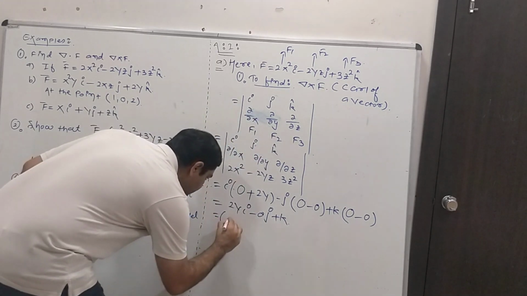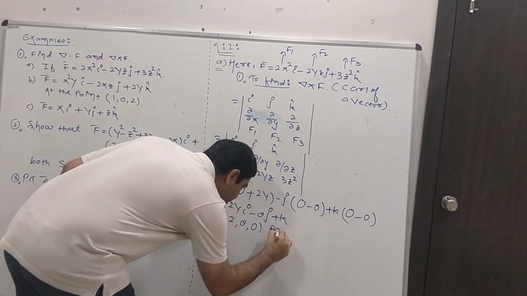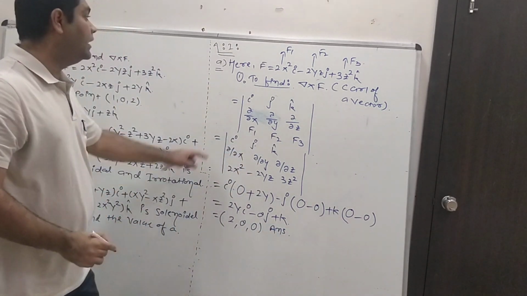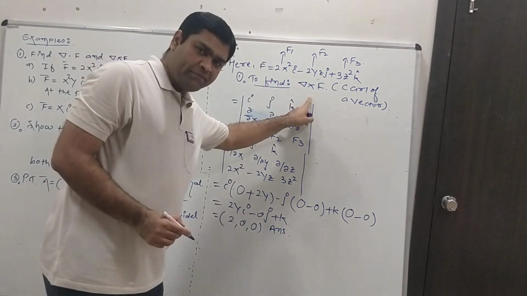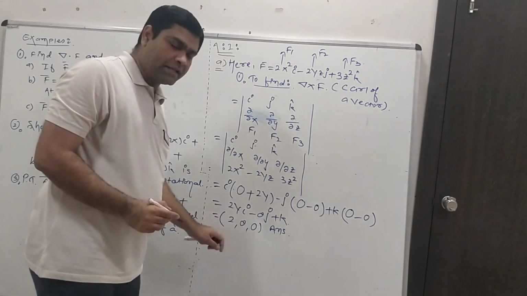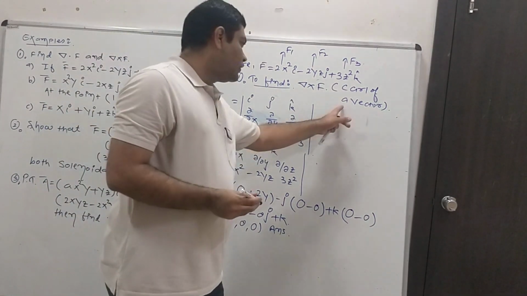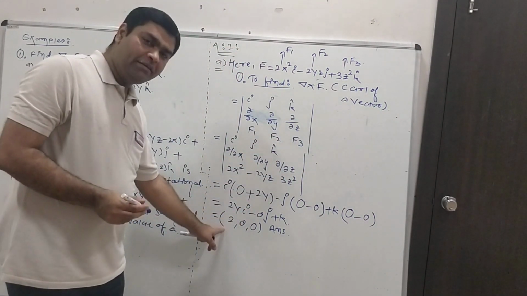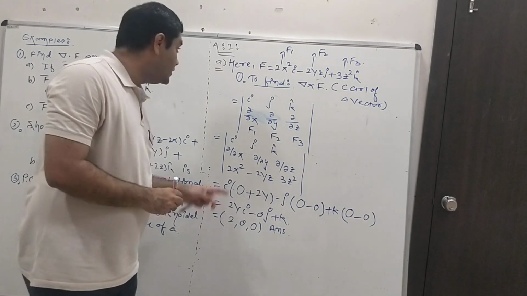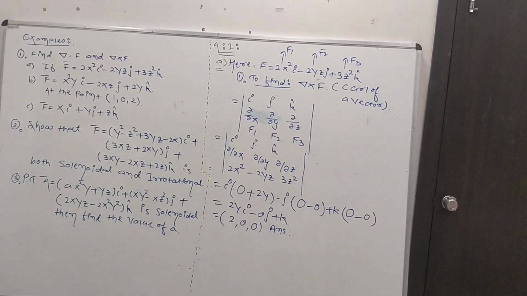So we get (2y, 0, 0) as the curl of f, students. So here we have found the vector. What we discussed is that the curl of a vector is always a vector. So we get (2y, 0, 0), students. So this is the first example that we have seen, students.